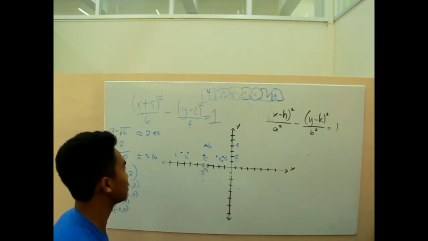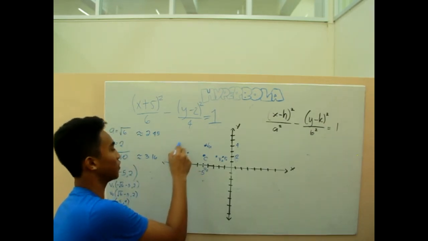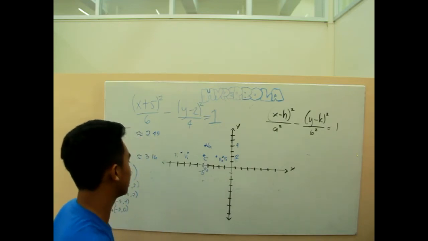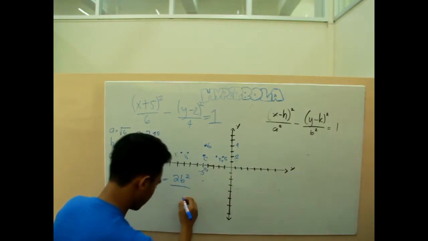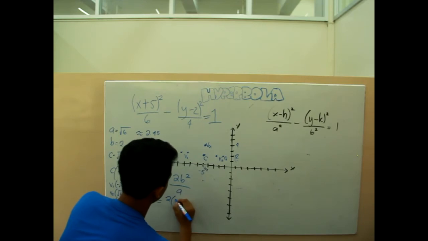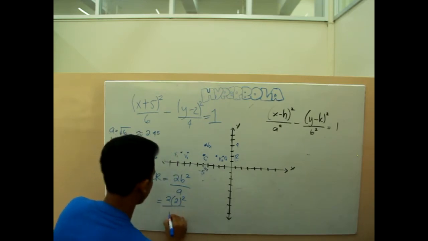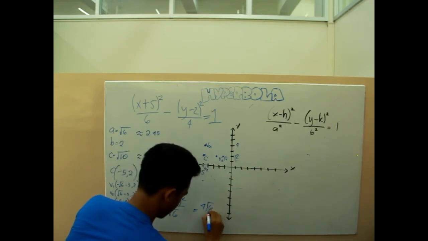The next step is to find the latus rectum. The latus rectum is a line segment that passes through the foci. To get the latus rectum, the formula is 2b squared over a. The value of your b is 2, so 2 squared over square root of 6. This will become 4 square root of 6 over 3.